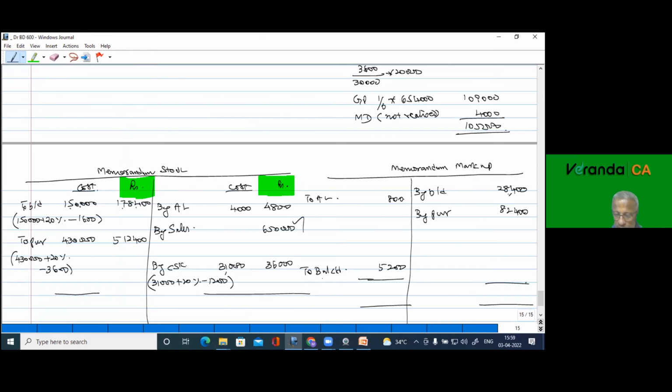Now let us just find out. 178,400 plus 5,400 minus 4,800 minus 6,50,000 is 36,000. It will automatically agree. So it is 5,80,000.